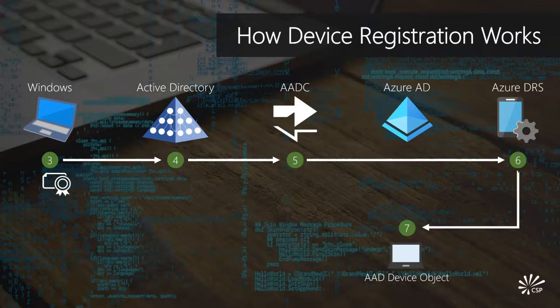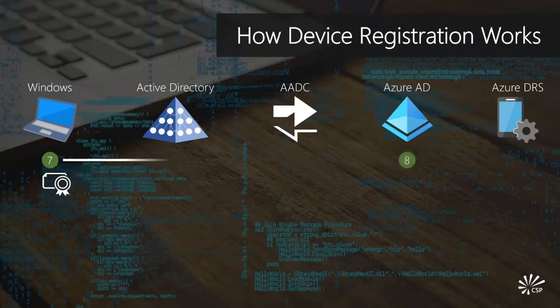This is just to let you be aware that the process has started, which can be helpful if you run into problems with the join process. You can look at the device state in the Azure AD portal and see whether it ever got past the pending state. If it reached pending, we're at least at this stage. If it got past pending, then we'll be in further stages. It's really just to help you out if you need to troubleshoot the process.